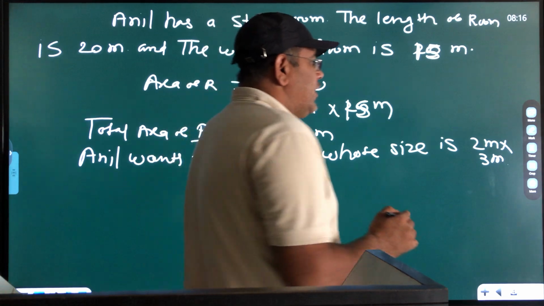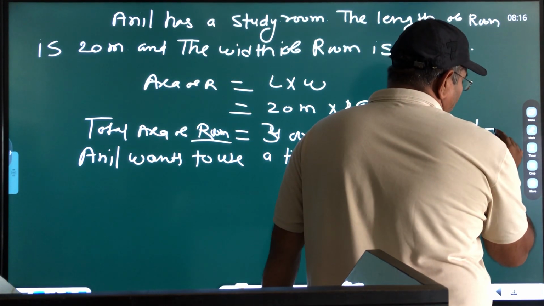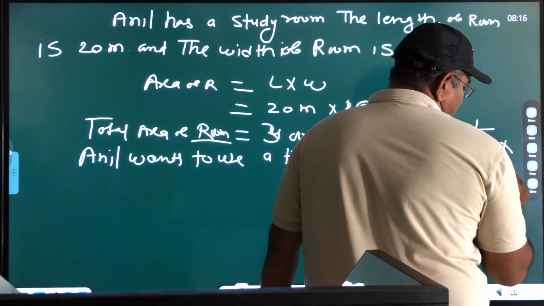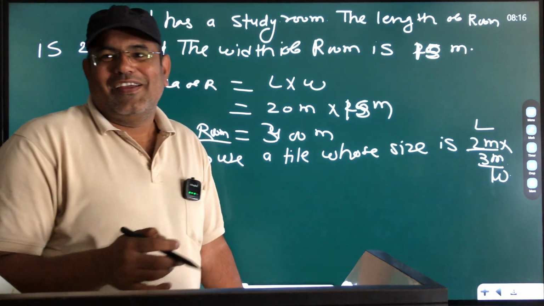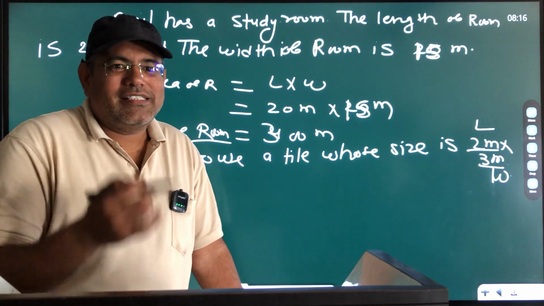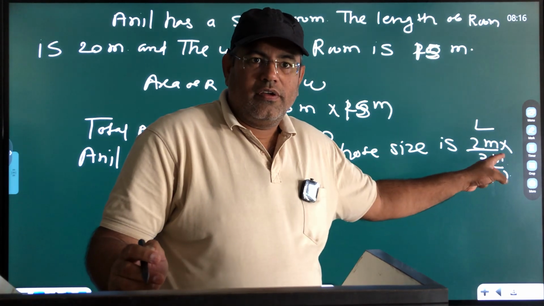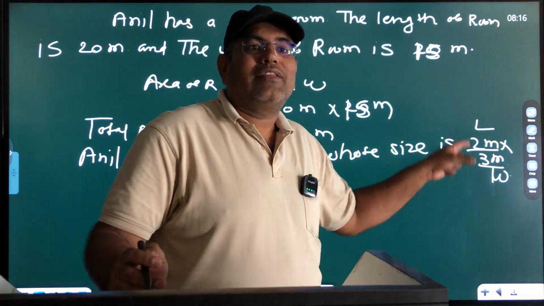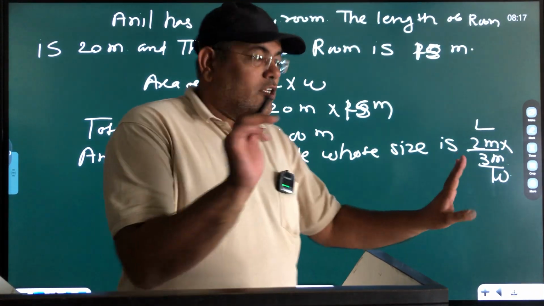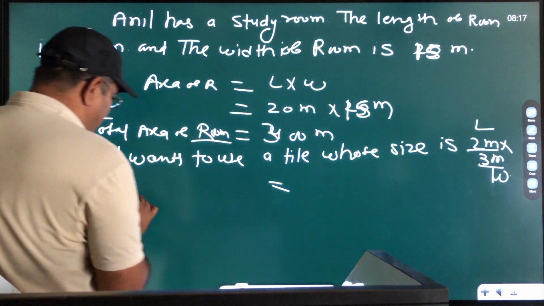It means 2 meter length and 3 meter width. What did I say? The length of the tile is 2 meter. The width of the tile is 3 meters. So first of all we require the area of the tile.